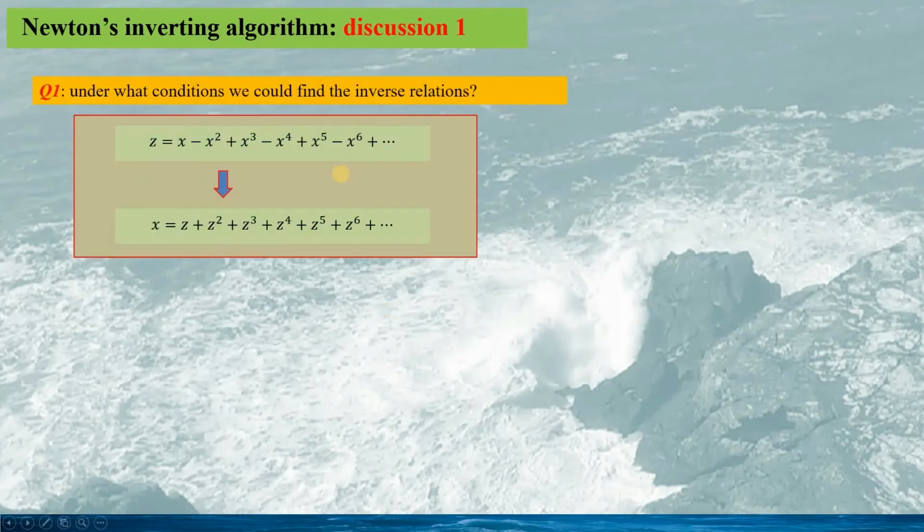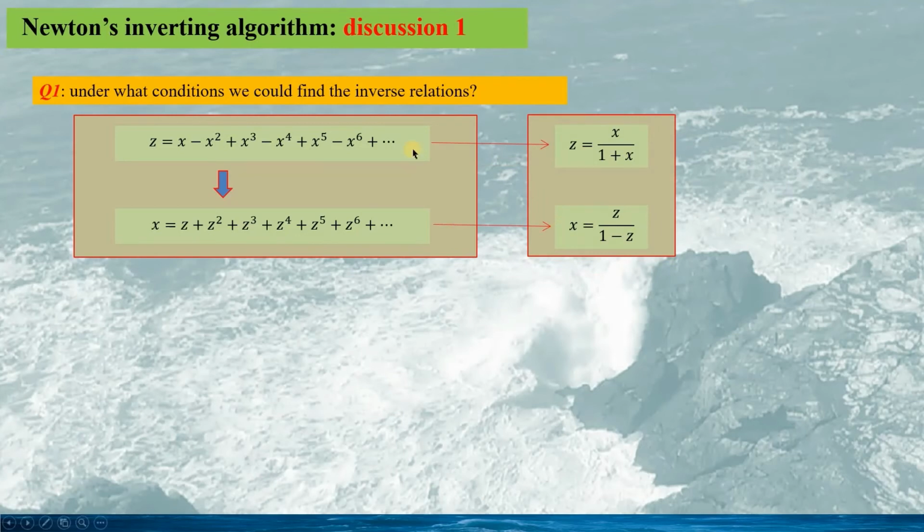From the simple example, the inverting calculation seems perfect. We start from this series and we obtain the inverse series as this.